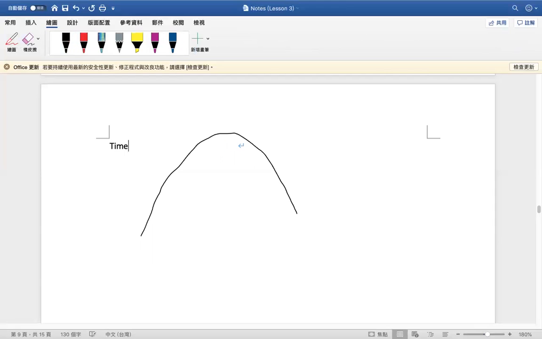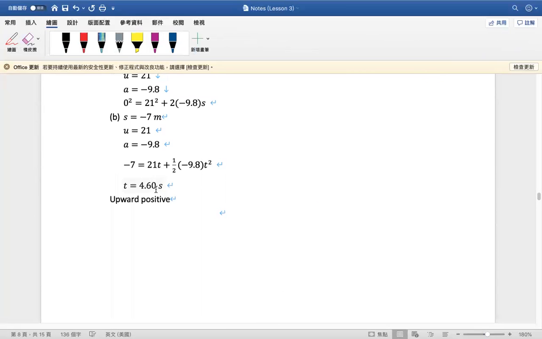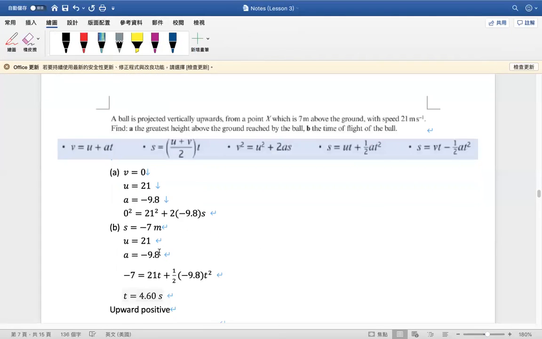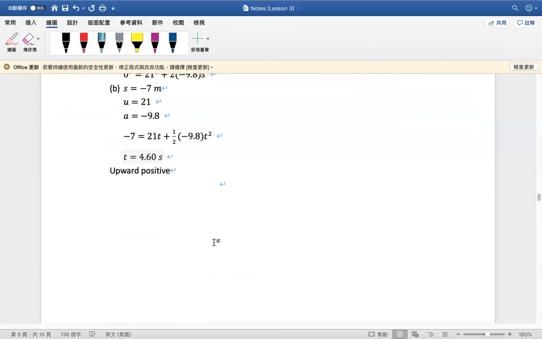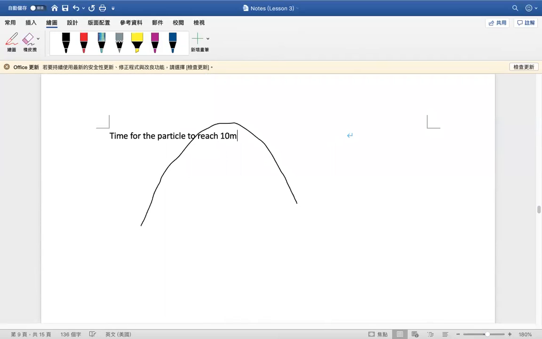Just now we had the greatest height: 21 squared divided by 2 times 9.8, that's 22.5. Maybe the time for the particle to reach 10 meters above the ground.